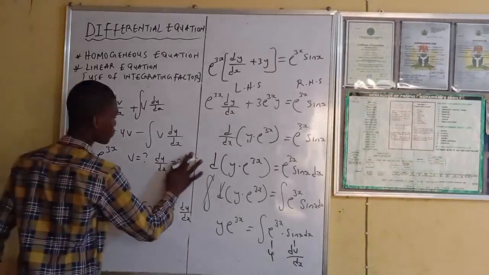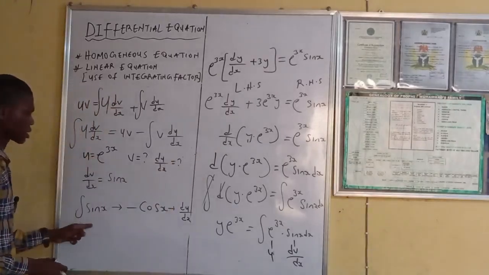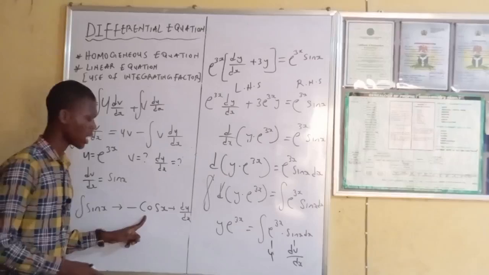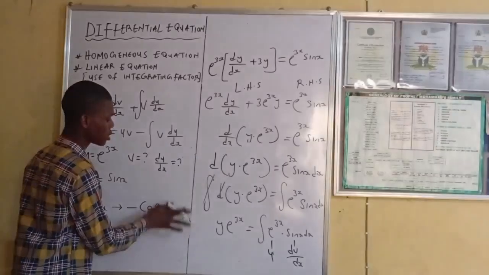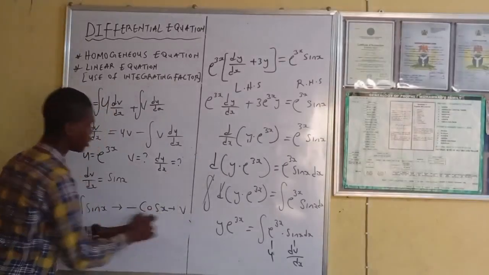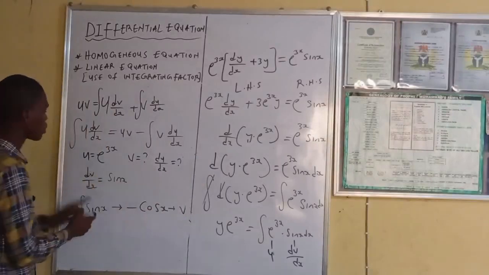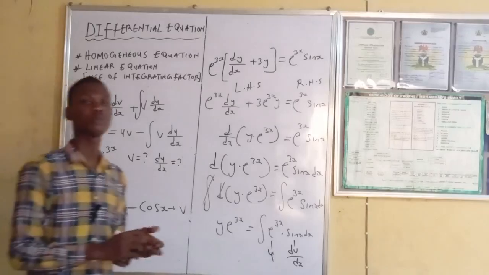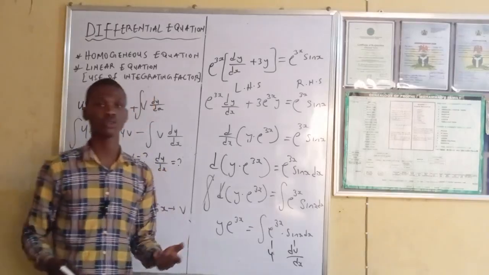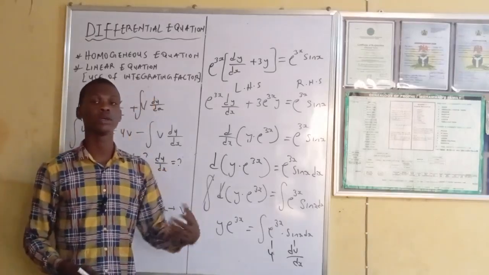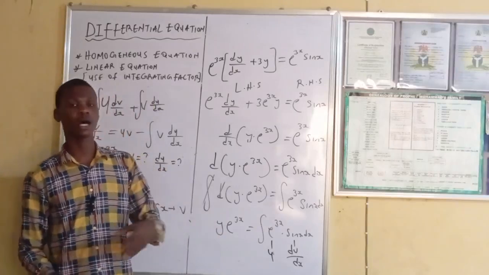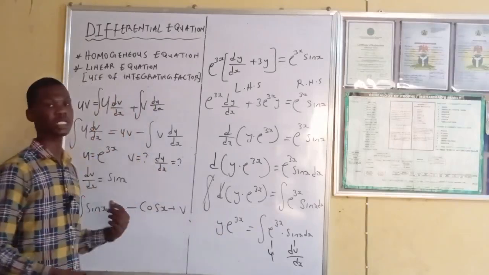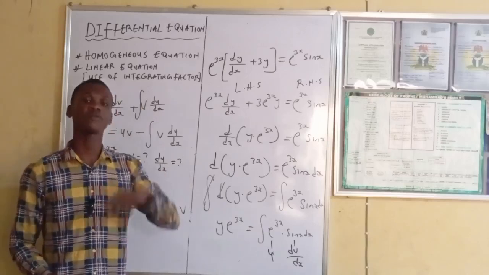Sorry, integrating sine x, that's minus cos x. Hence, it means v is minus cos x. Why? Because to get v, we integrated sine x. It works. Integration is the opposite of differentiation. We are given a function that was differentiated, which is dv over dx. Then how do I get v? It means I have to integrate.